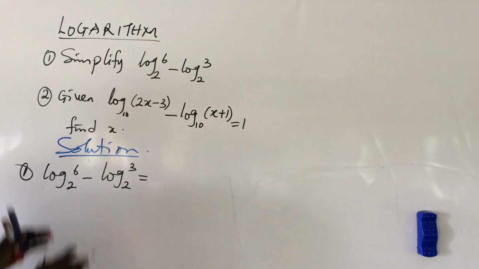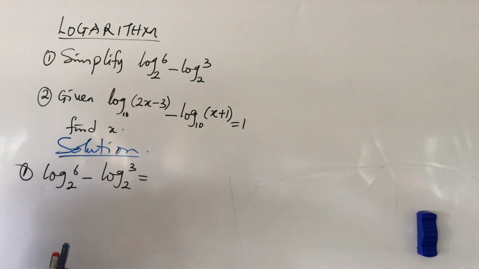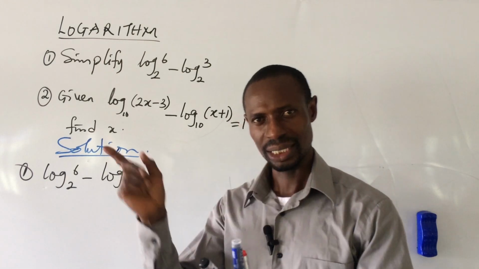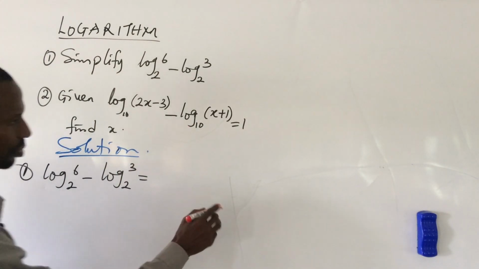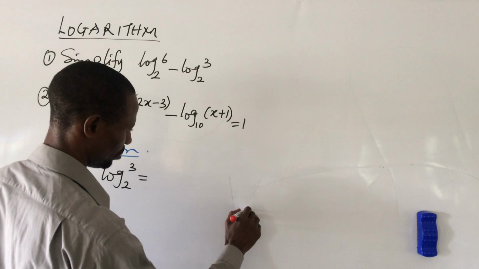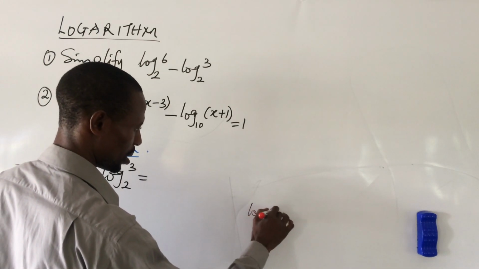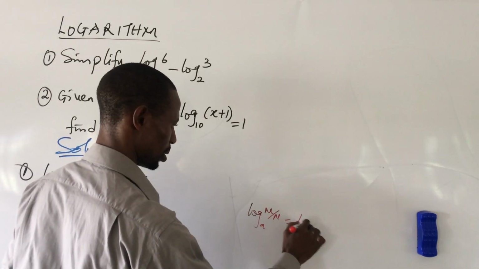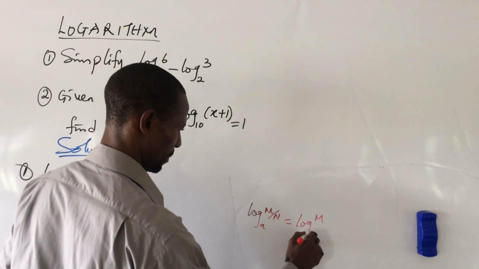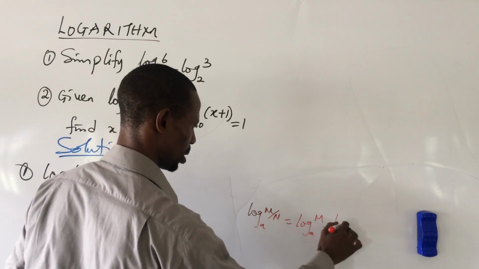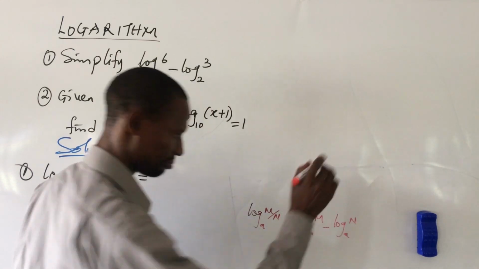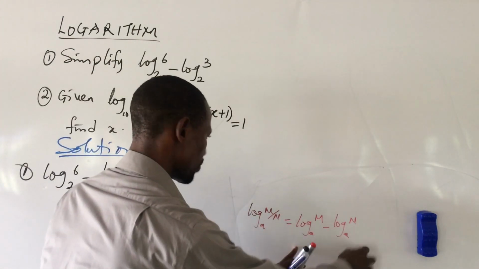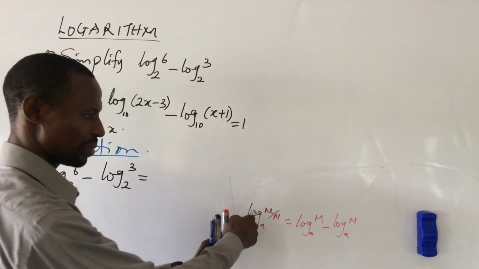This is equal to... Now, according to the division law of logarithm, if you have log of m over n base a, this is the same thing as log m base a minus log n base a. This is the law. Now, from this law, the question is given in this form, so let's send it back to this form.